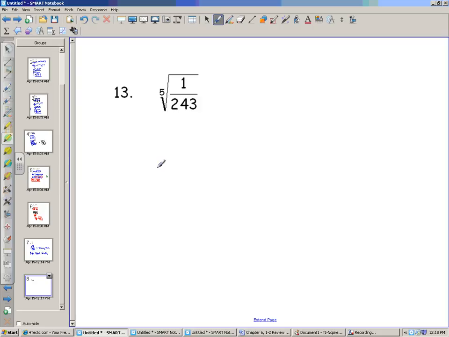Okay, what do I do? 5th root of 1 over the 5th root of 243. No, you're thinking of rationalizing. We're not going to rationalize that. Now, what number multiplied by itself 5 times is 1?